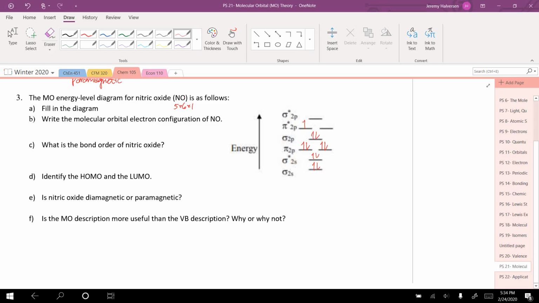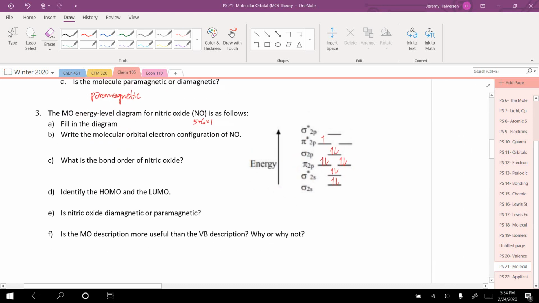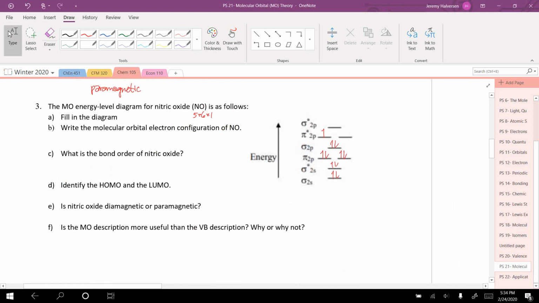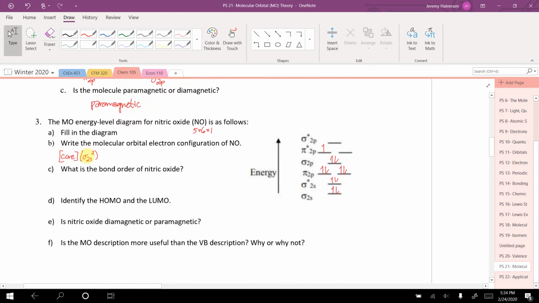All right, write the molecular orbital electron configuration. So we're going to have our core, as they did on the one before. Followed by, we've got sigma 2s 2. That's not how they wrote it. Put the 2 on the outside.